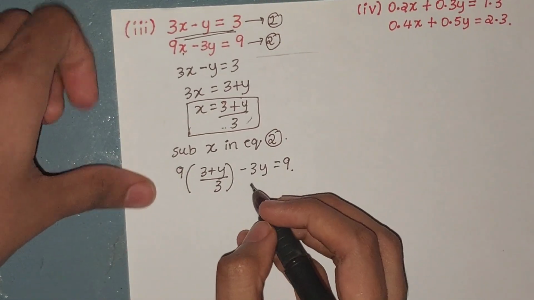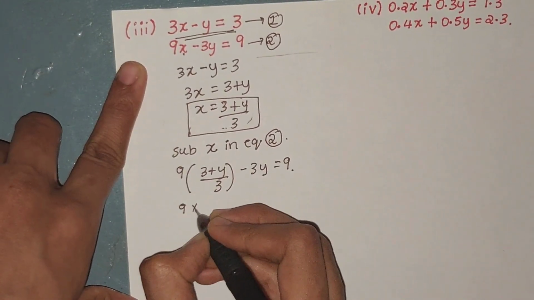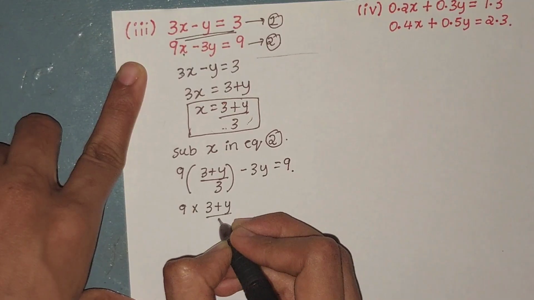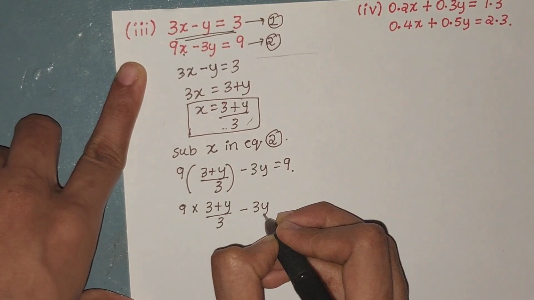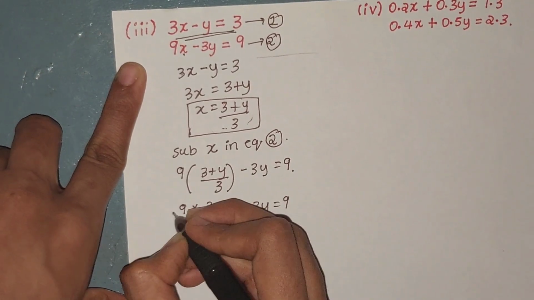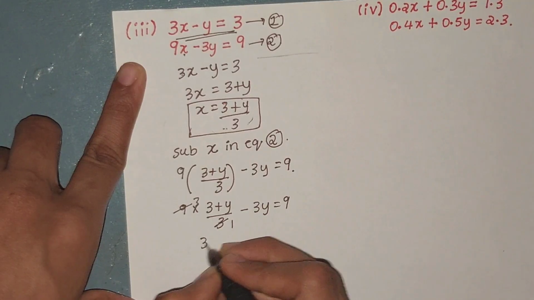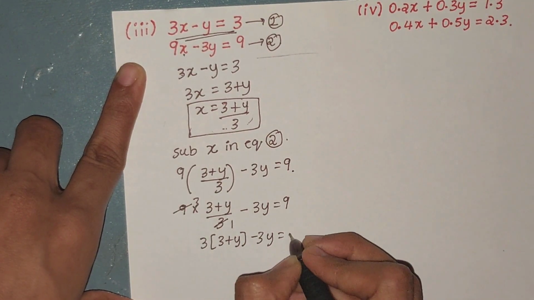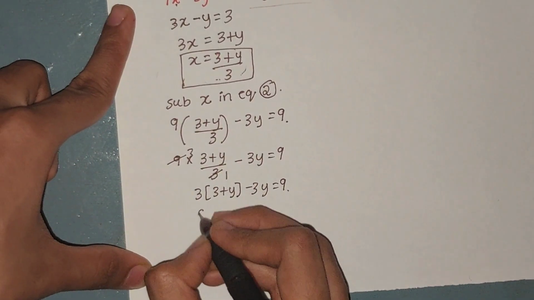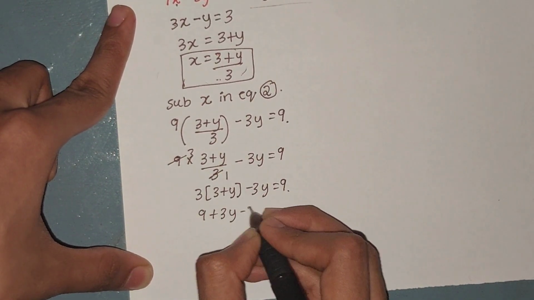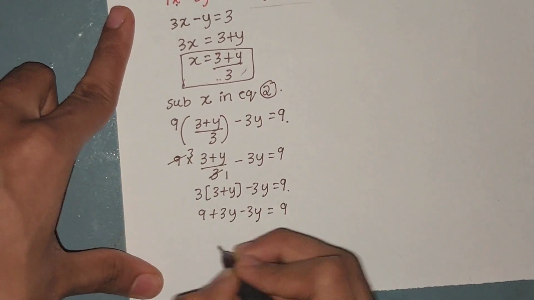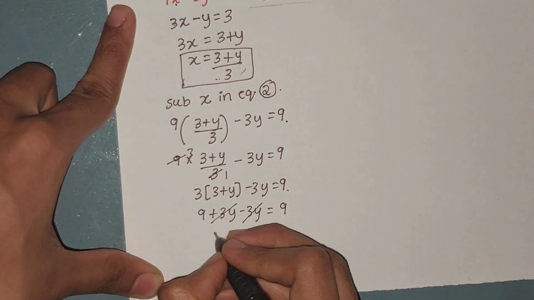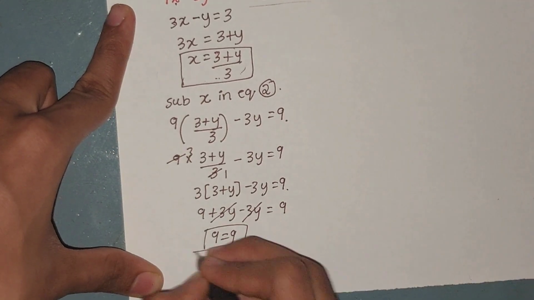Now just solve. 3 into (3 plus y) minus 3y is equal to 9. 3 threes are 9 plus 3y minus 3y is equal to 9. The 3y minus 3y gets cancelled and 9 is equal to 9.